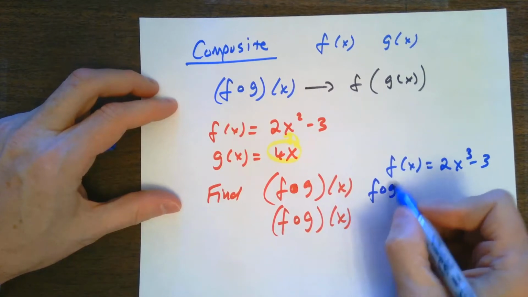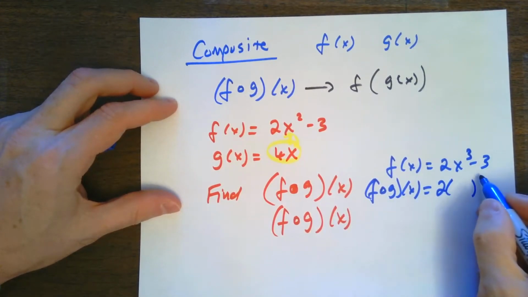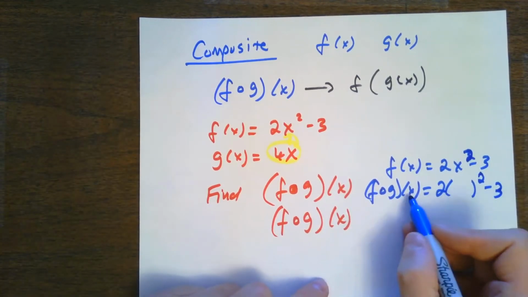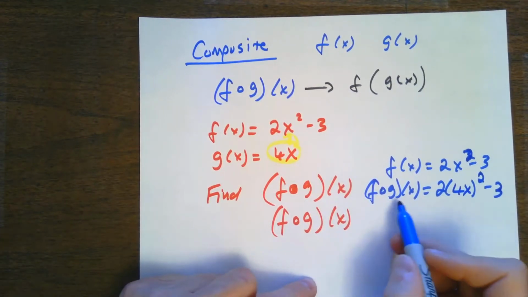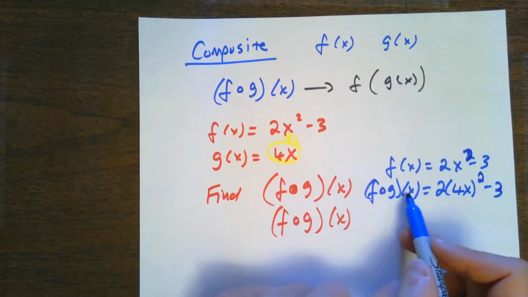F of g of x equals 2 times x, but what is x? G of x. What is g of x? 4x. So I'm taking g of x and substituting it in for x in f of x.